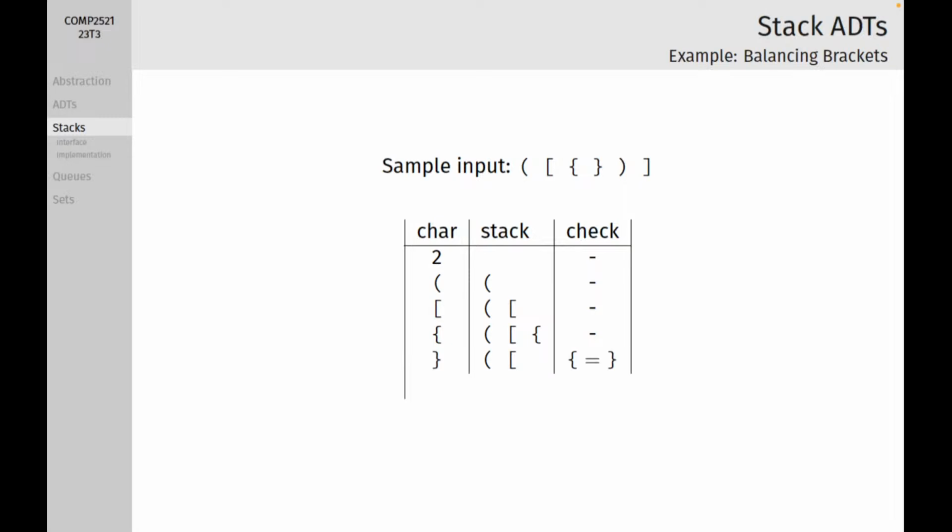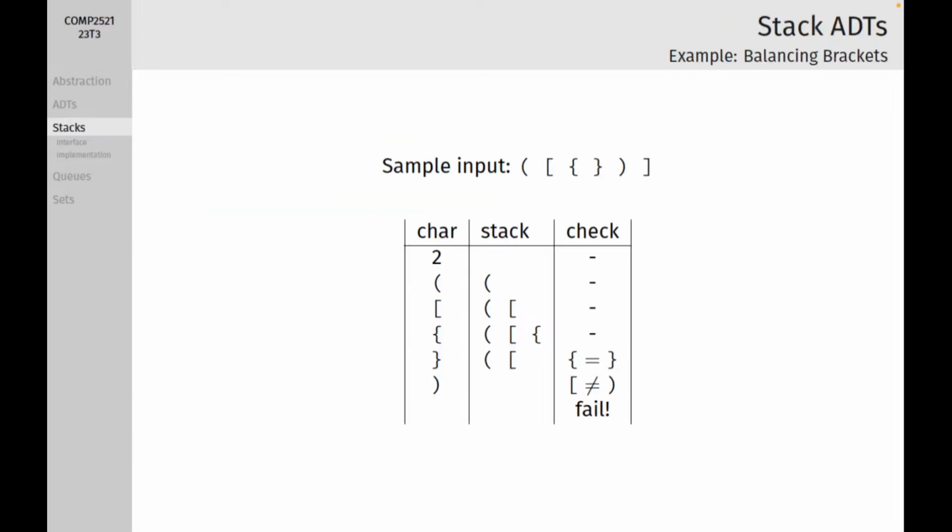Then we see a closing curly bracket, and that matches. So we remove this bracket from the stack. Then we see a closing normal bracket, and this doesn't match the bracket that's on top of the stack. So our check fails. So the brackets aren't balanced.